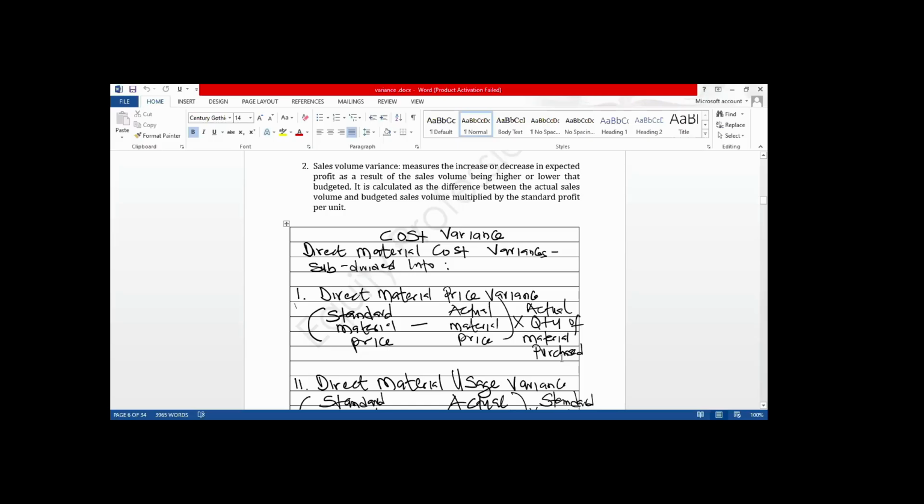Please, you can write it down if you want. You can copy it down if you want. That is how to calculate direct material price.